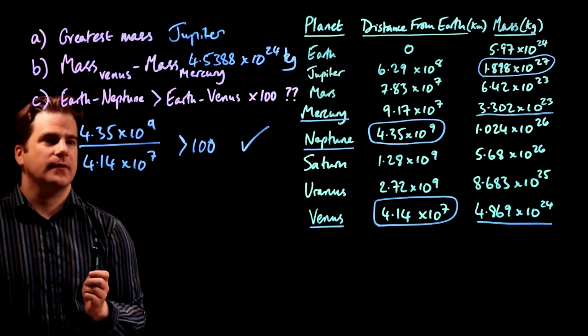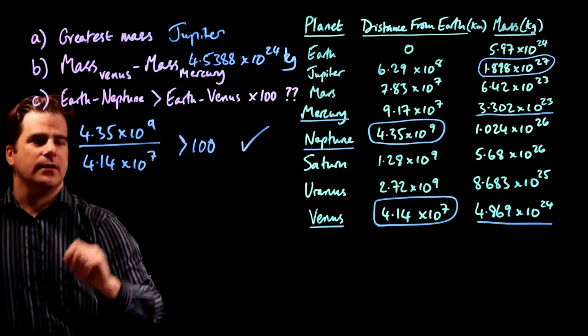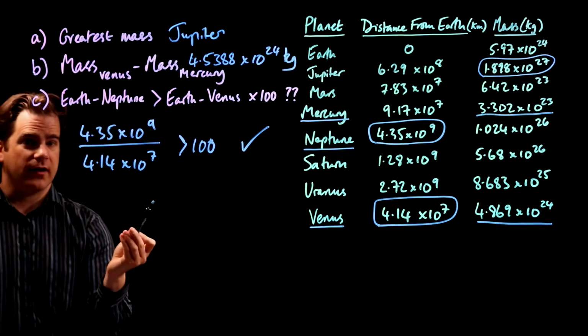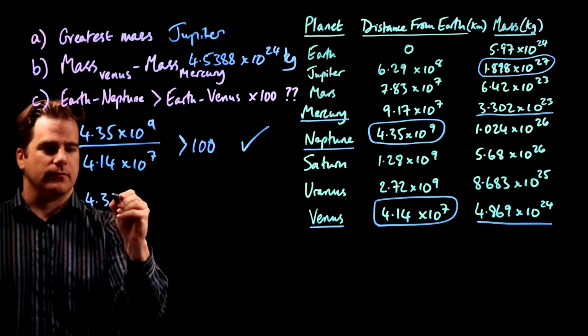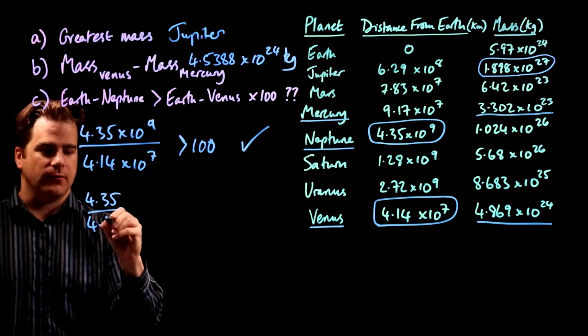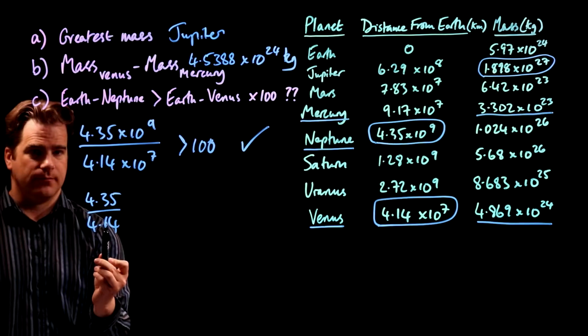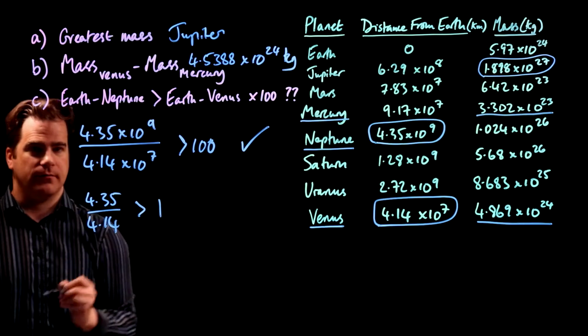Because, ignore that bit for the moment, okay? 4.35 divided by 4.14, what's that going to be? 4.35, okay, divided by 4.14. 4.35 is a little bit bigger than 4.14, right? So that is going to be greater than 1.